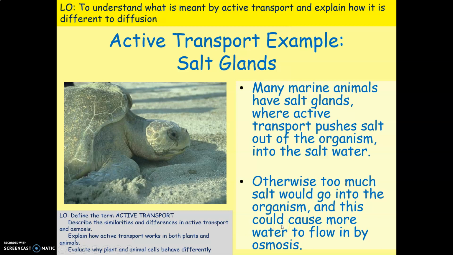Thinking about it, the environment has got more salt compared to the organism. So the normal thing you would expect is that all the salt will go into the organism. But to keep them healthy, the animals have got salt glands, and these salt glands push out the salt by active transport. So that's another example of active transport.